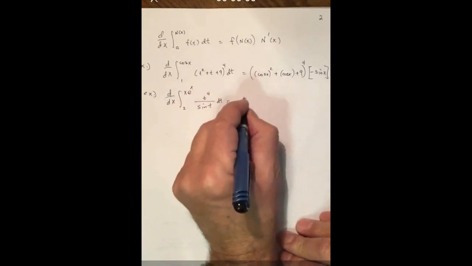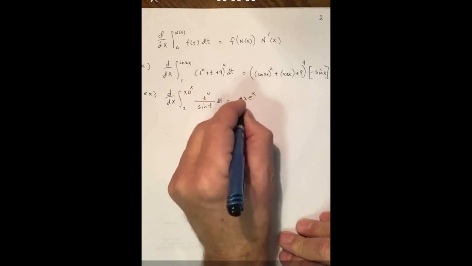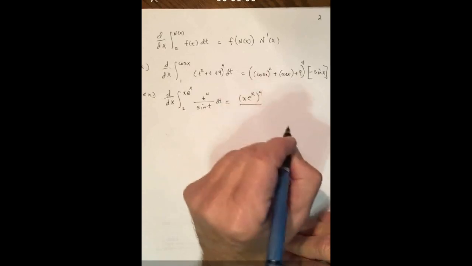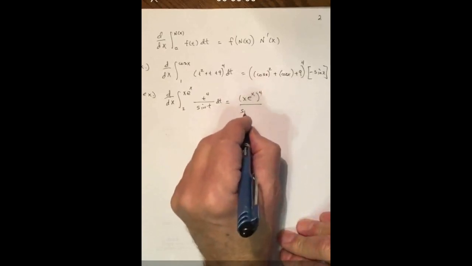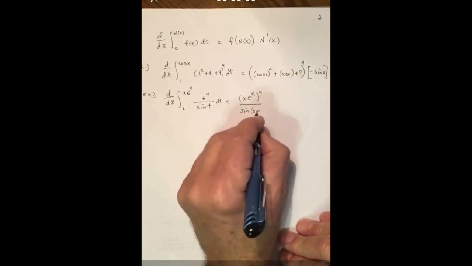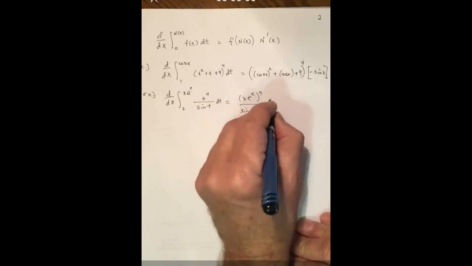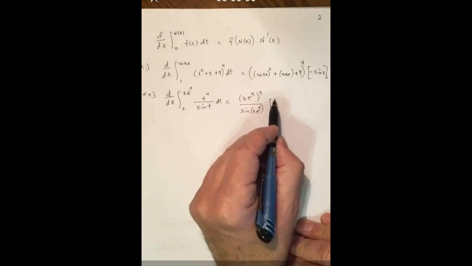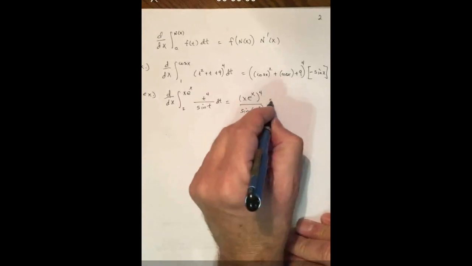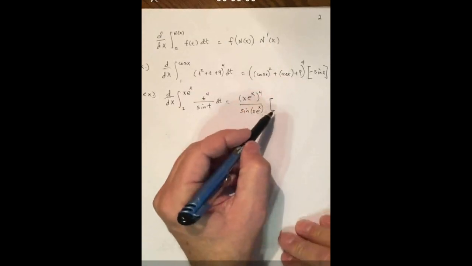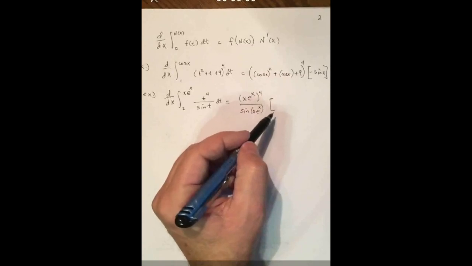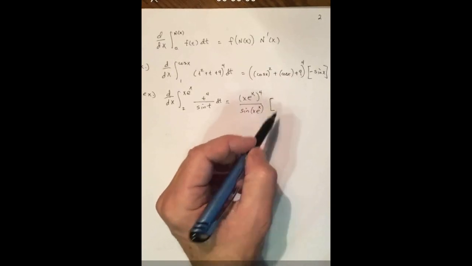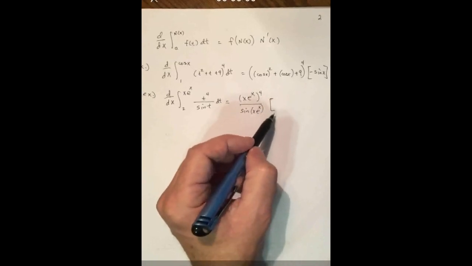So this is going to be equal to (x e to the x) to the 4th, divided by the sine of x e to the x. And now when I invoke the chain rule, I always put the chain rule part in square brackets. I do that because whenever I miss a problem, I invariably will miss it at the chain rule part, so it makes it easier for me to check.